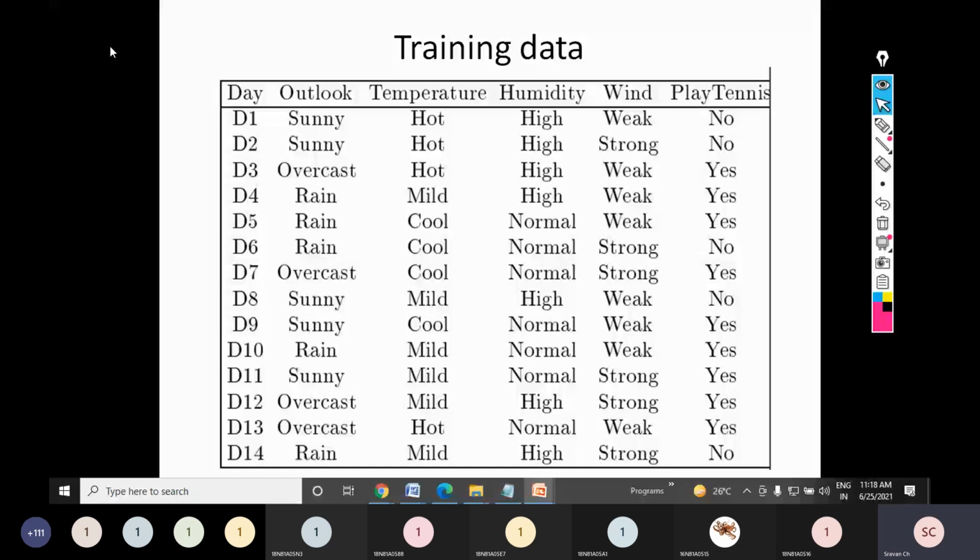But if you look at my existing data, we have 9 out of 14 records positive, 5 negative. Suppose unfortunately someone gave me a data set with 14 records, and let us say 13 are positive and only one is a negative record.